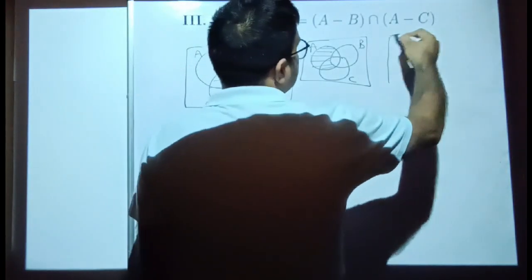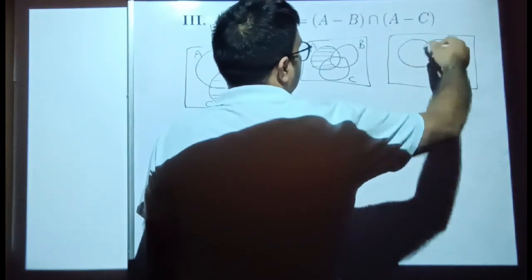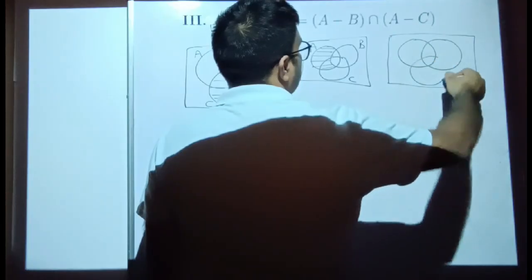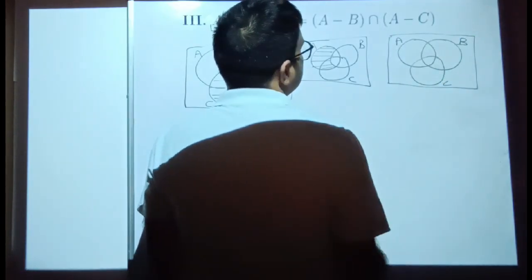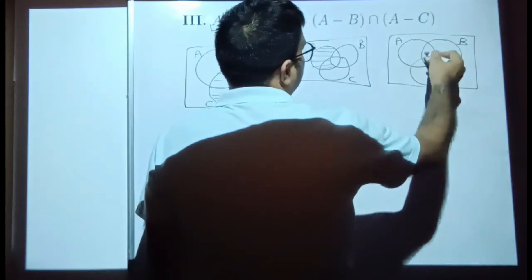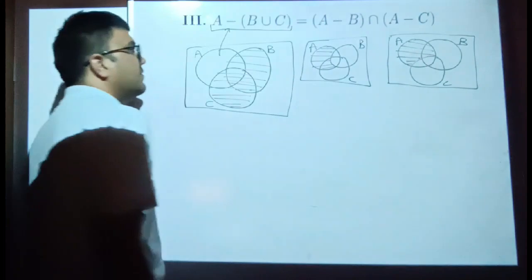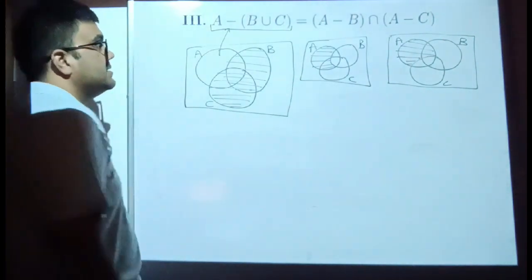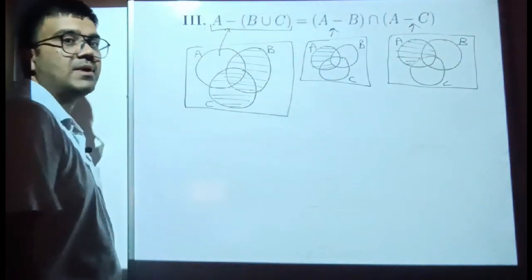A minus C means we have A, B and C. From A we have removed the portion of C. This is representing A minus B. This is the Venn diagram for A minus C.